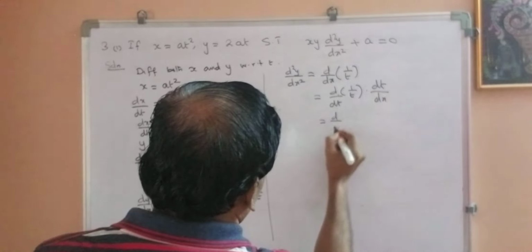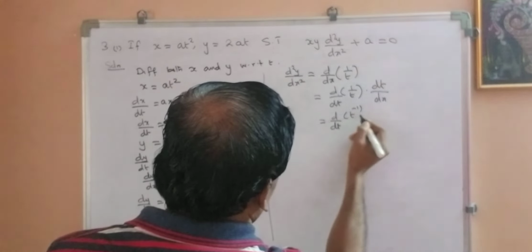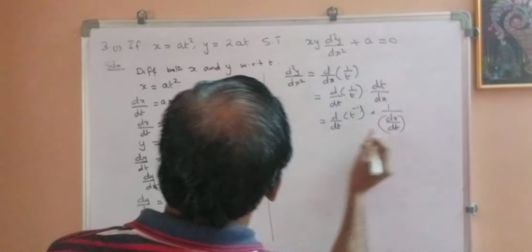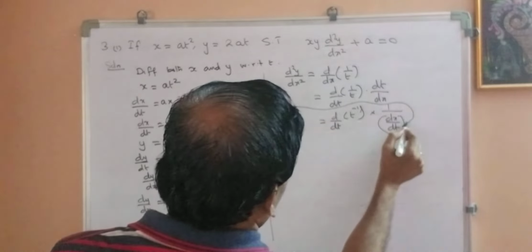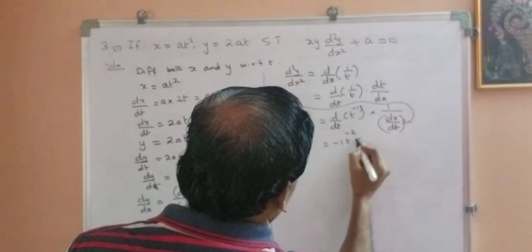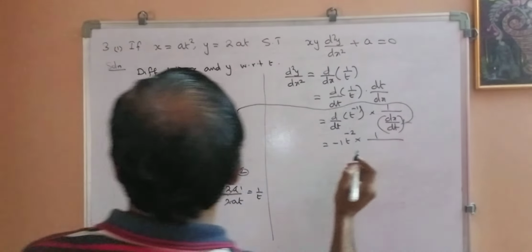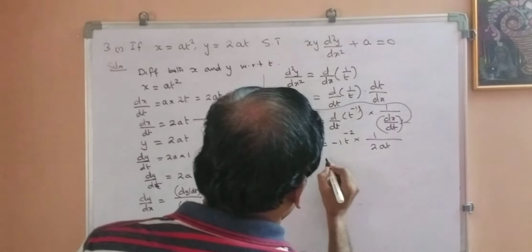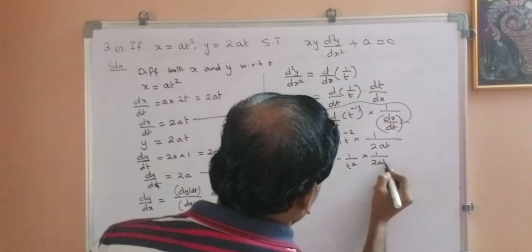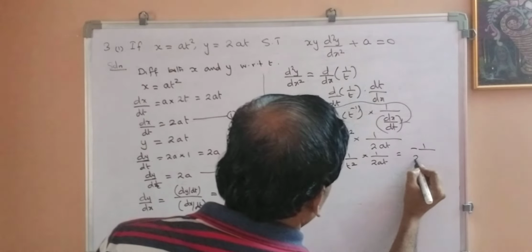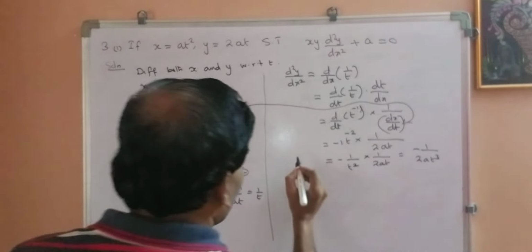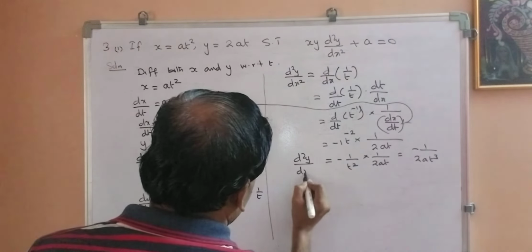See, we have to write like that: t raised to minus 1 into 1 upon dx by dt. So minus 1 t raised to minus 2 into 1 upon, what is that? 2at. It is equal to minus 1 upon t square into 1 upon 2at, equal to minus 1 upon 2at cube.